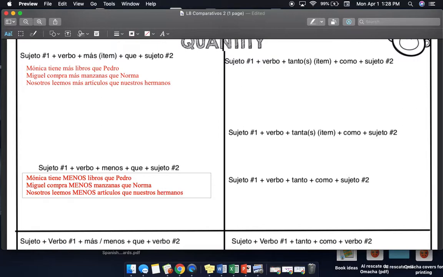Again, please notice that this is a comparison of inequality. Okay? If you're having a little balance, one side is going to be more and one side is going to be less. Okay?